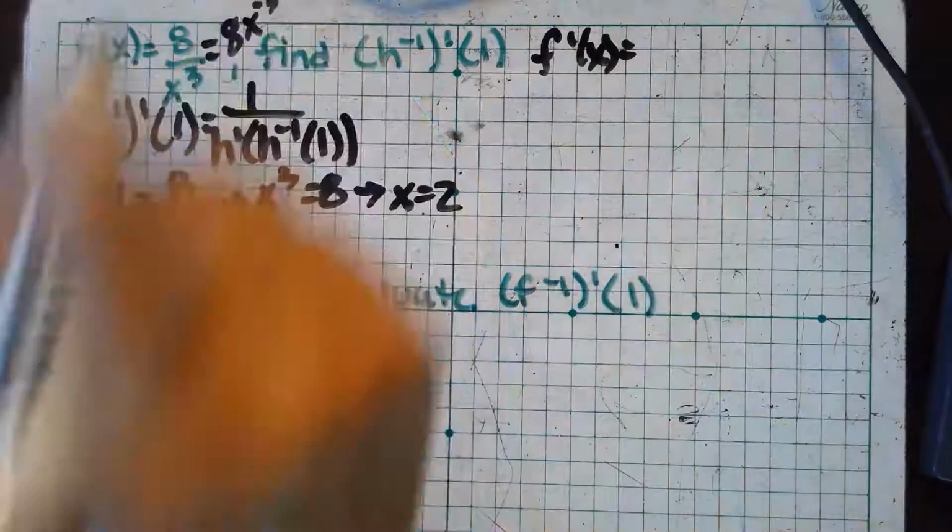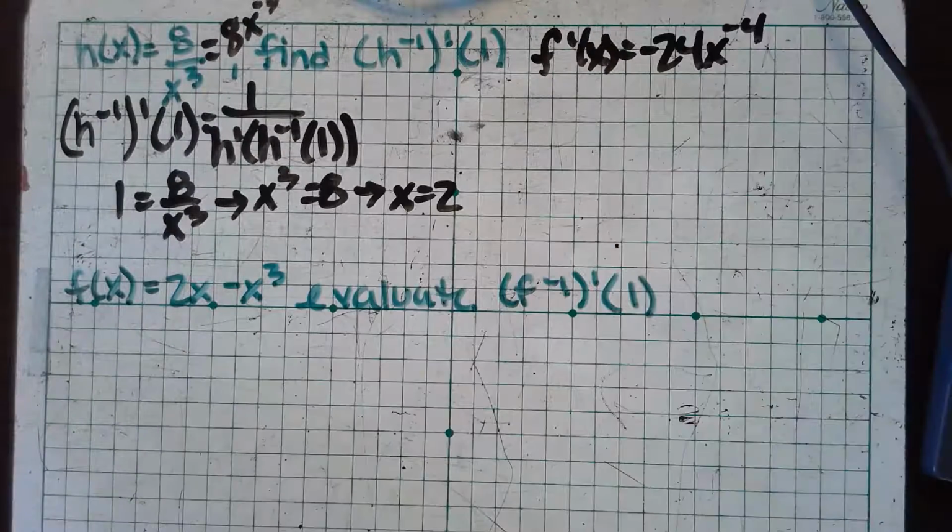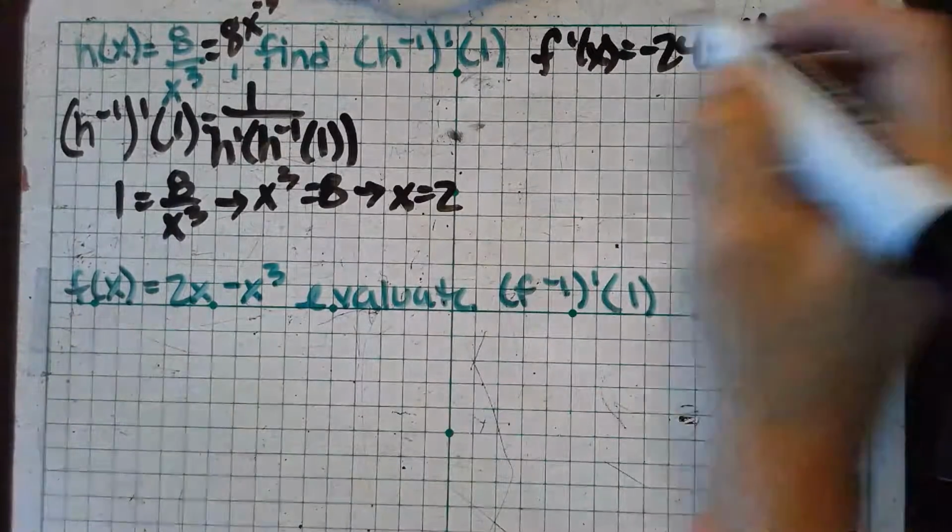I'm changing this so this is x to the -3. I always think that's a lot easier to find the derivative of.